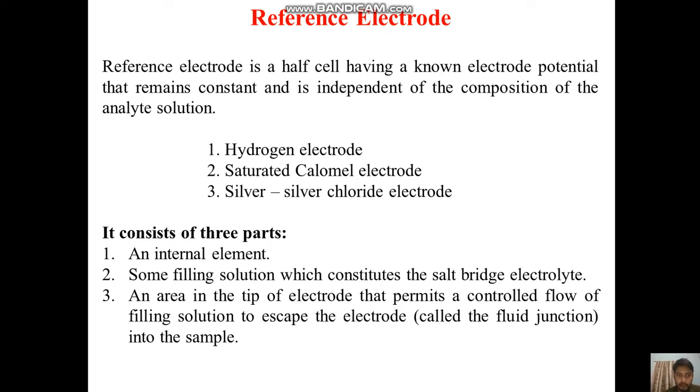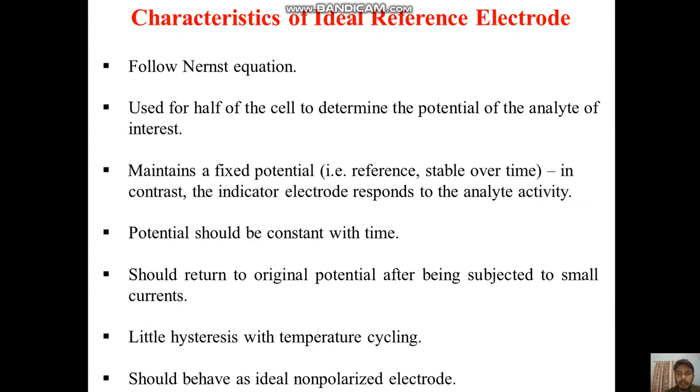It consists of three parts: an internal element, some filling solution which constitutes the salt-rich electrolyte, and an area in the tip of the electrode that permits a controlled flow of the filling solution to escape the electrode. It is called the fluid junction into the sample. And some characteristics of an ideal reference electrode: it follows the Nernst equation, which I have shown in my previous video.